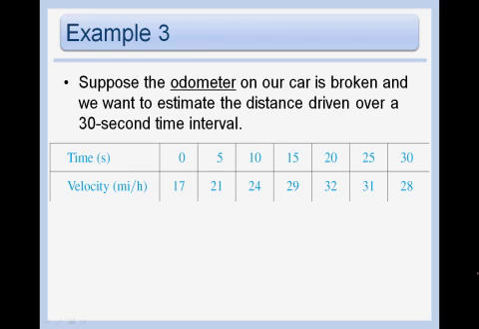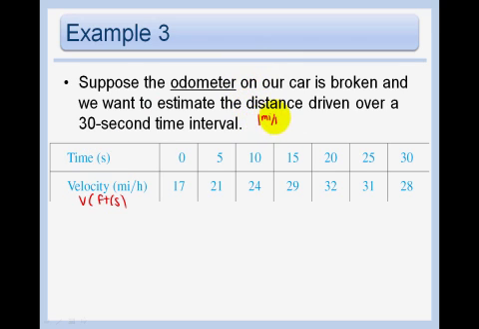So let's just suppose we have an odometer on our car. It's broken. We want to estimate the distance driven over a 30-second time interval. Stay consistent with how your book did it. They changed this to feet per second. Of course, we need to get this in seconds so that we're consistent here.